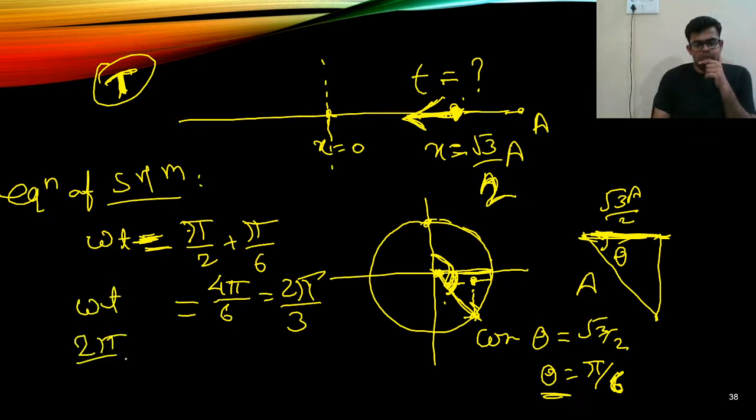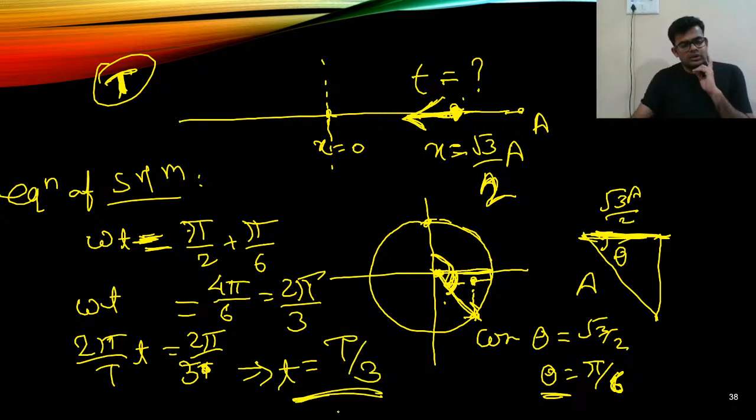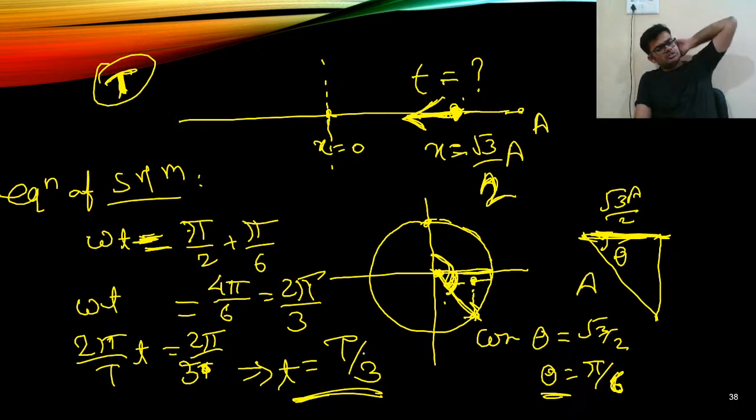So that is 2 pi upon capital T into t equals 2 pi by 3. Let us find the value of t. Pi and 2 pi cancel, so directly I am getting t equals T by 3. My dear friends, the final answer we are getting is T by 3. This time is T by 3.